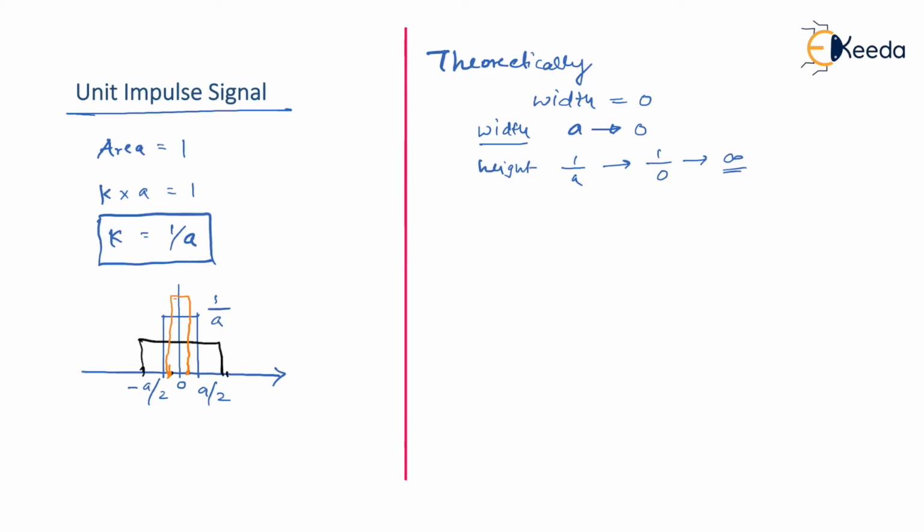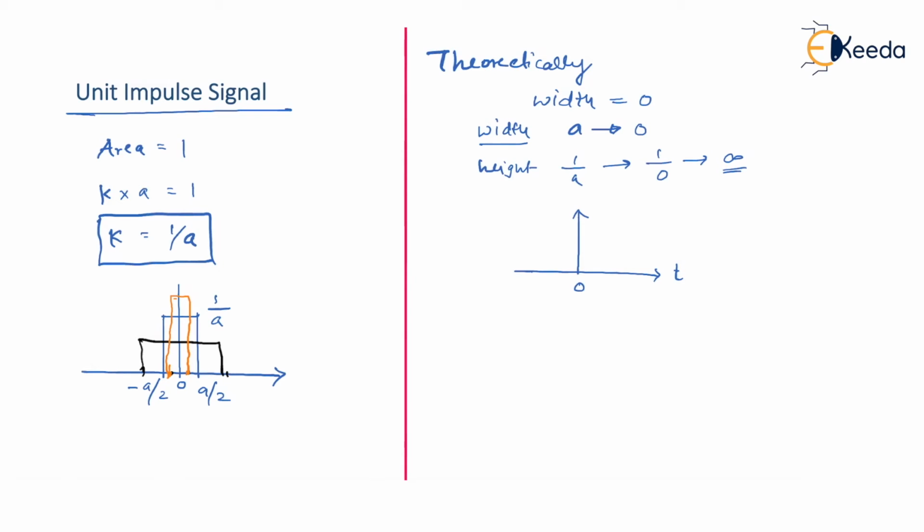So if I try to draw such a signal, I'll get the signal which I'm drawing now. This is t, I'm writing it 0, and what is the height now? Height has become infinity, am I right? But we always designate our impulse signal not with the help of height or width, we designate with the help of area.